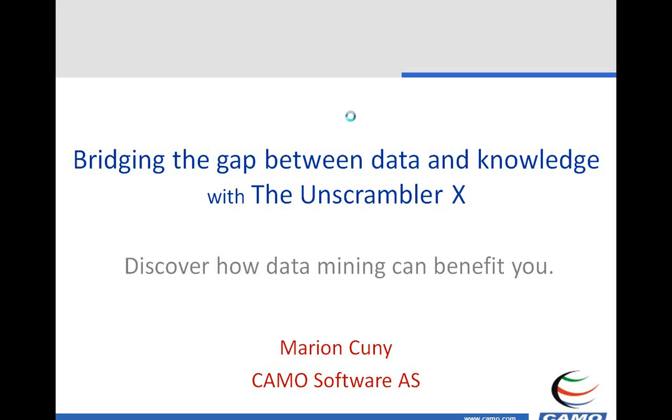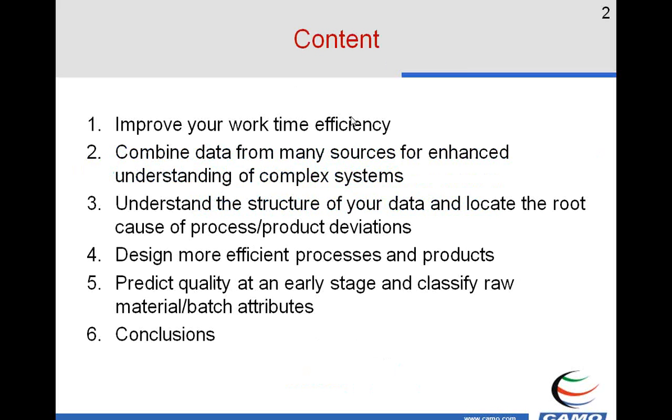So in this presentation, we will cover 6 different points. The first one is how to improve your work time efficiency. The second one is how to combine data from many sources so as to understand the system.